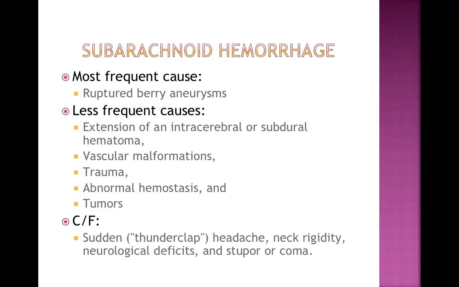This is because of irritation of the meninges by the blood. Neurological deficit is quite common, and a very important feature would be loss of consciousness. In the beginning, drowsiness, stupor, or coma. Stupor means somewhat a middle state between drowsiness and coma.